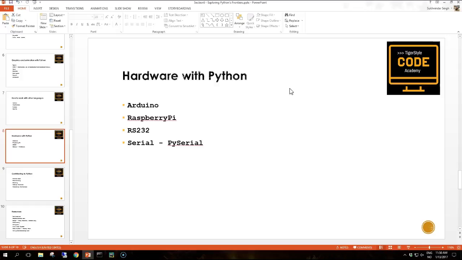Then we have the Arduino. The Arduino products are in many ways complementary to the Raspberry Pi, where the Raspberry Pi aims to teach about computing and programming. Arduino is more directly aimed at the electronics enthusiasts. It enables experimentation with interfaces, both analog and digital.